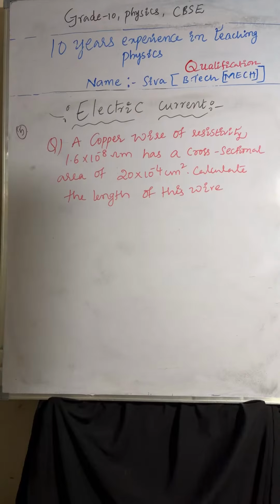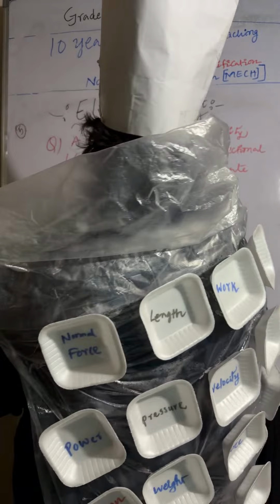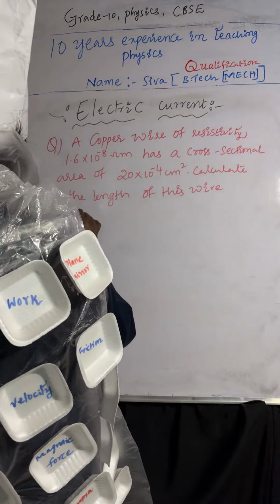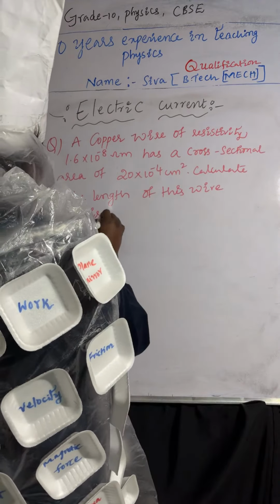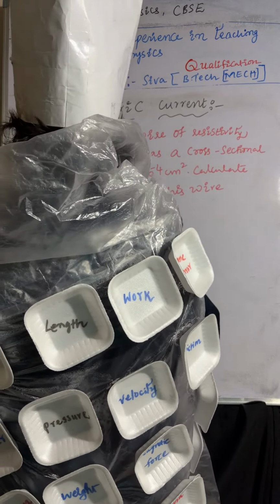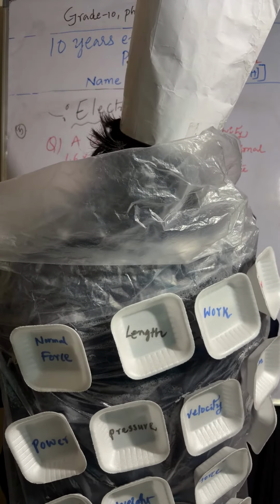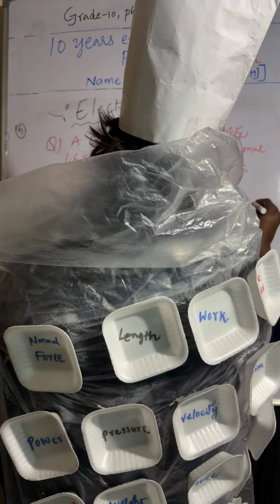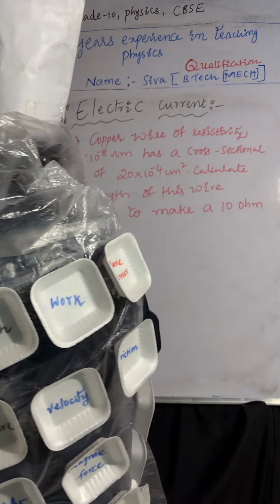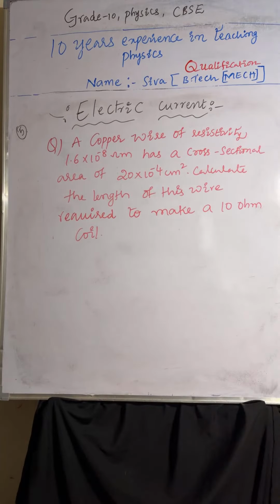So here, calculate the length of the wire required to make a 10 ohm coil. After doing a few problems, I'll start magnetic effects of electric current.